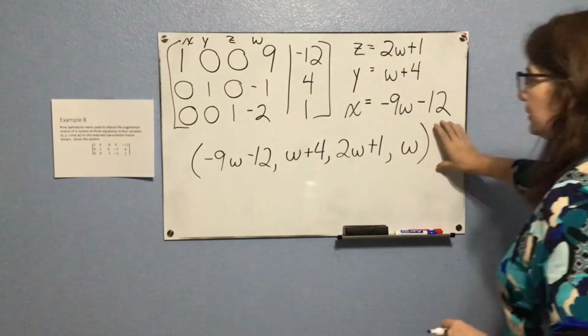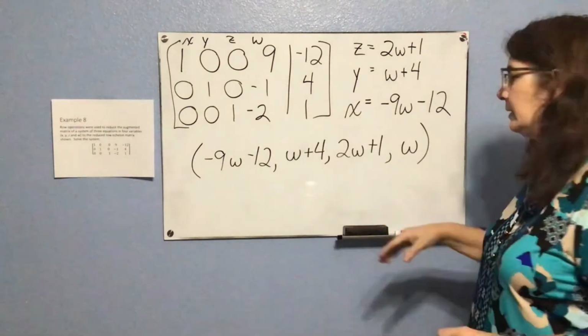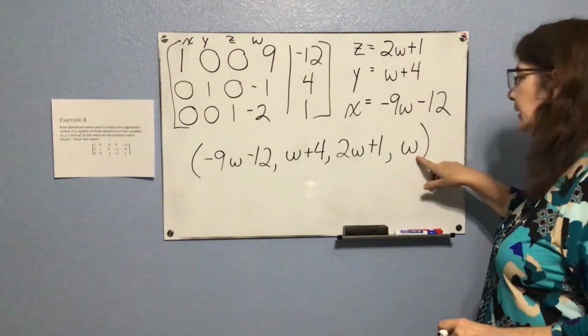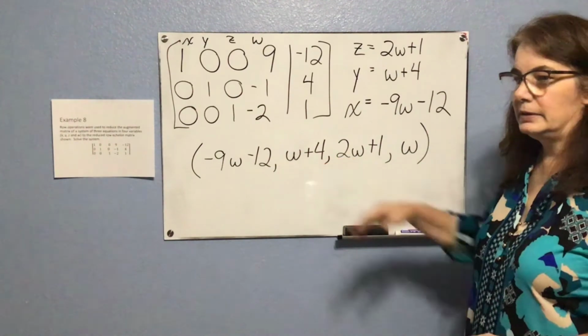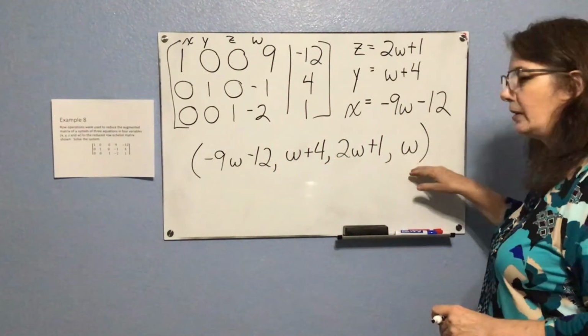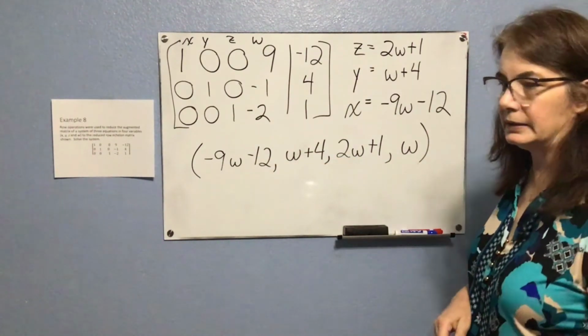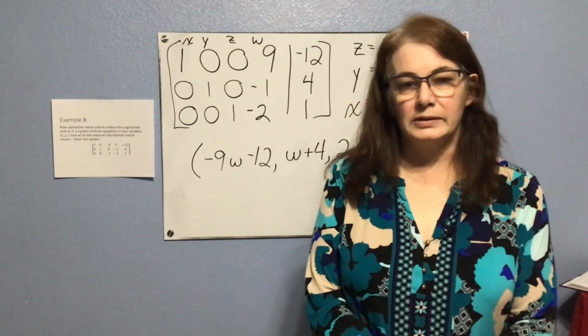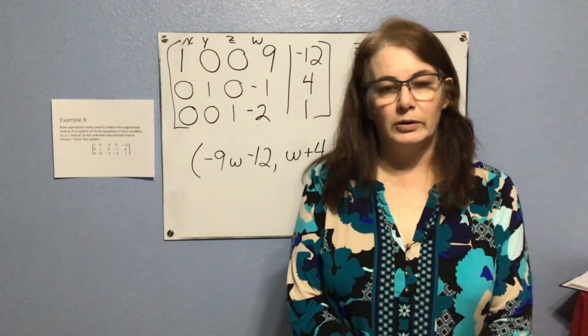Okay, so this is the solution set for this system. Pick a w and find all these other variables based on whatever w you pick. This concludes this lesson, and you should now be ready for your homework assignment.